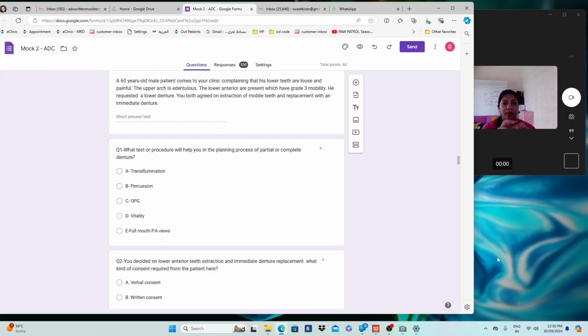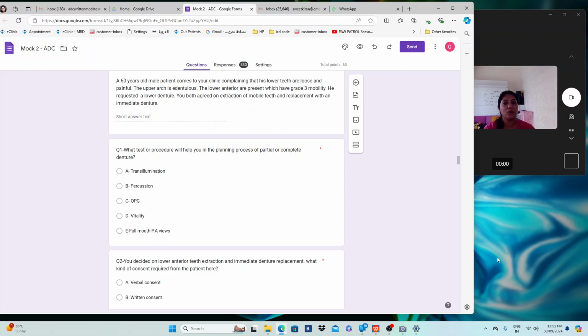But what will happen is, because the area where the extraction was done is going to shrink now, because the blood clot has formed and the gums are going to remodel themselves over it, the impression which you had taken before is no longer the same as the extraction site heals.